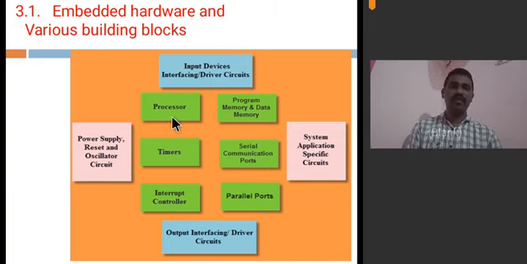Your processor may be a microcontroller, microprocessor, FPGA, or application specific IC, anything. It will take the input from the input devices and process that input according to the instructions stored in the program memory and data memory.